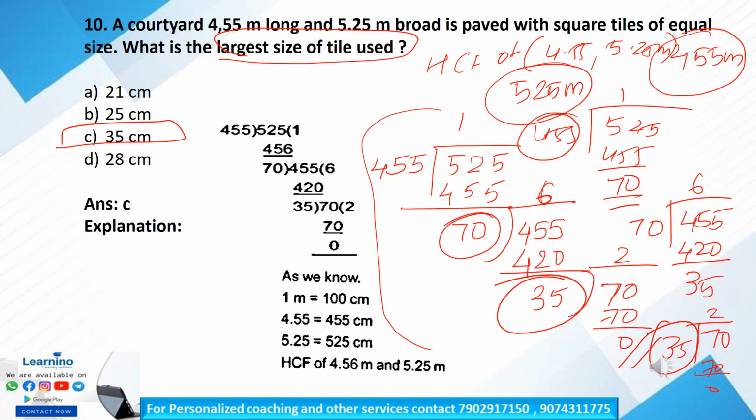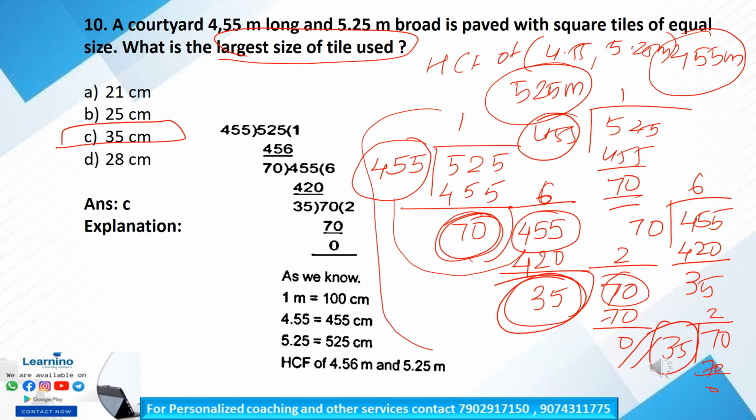Is it clear? So here at each progressive step we are taking the divisor as dividend. First the divisor is 455, it is taken as dividend here. Then the divisor is 70, we have taken 70 as the dividend. Then the divisor is obtained as 35 and then we make the 35 as the dividend.